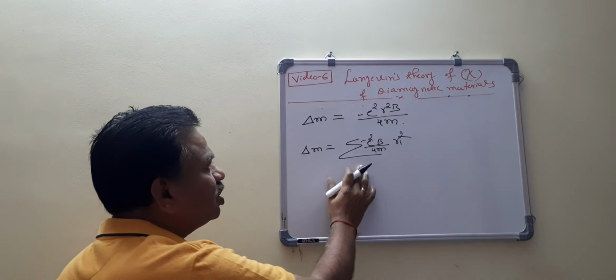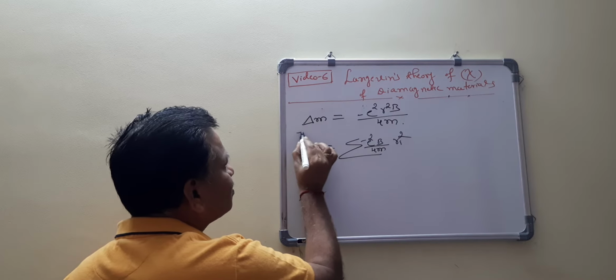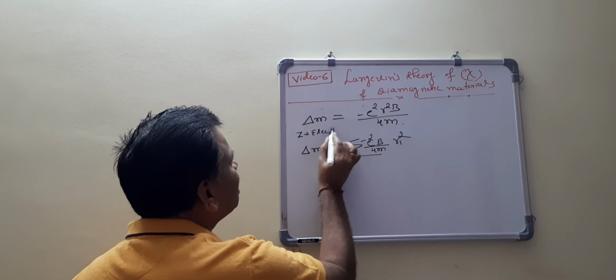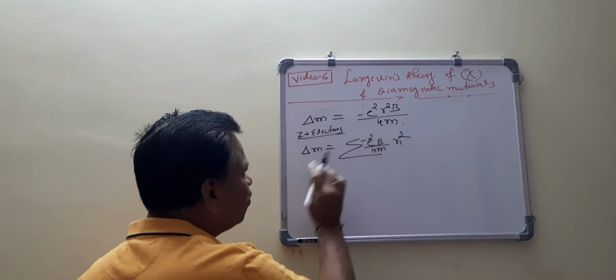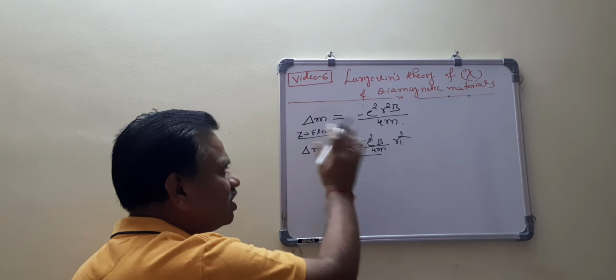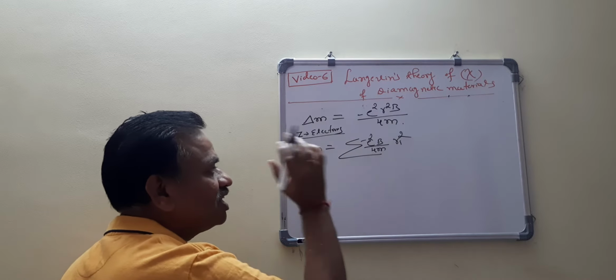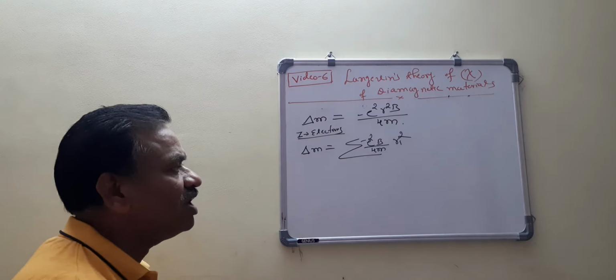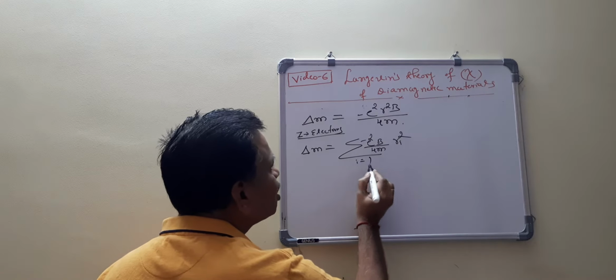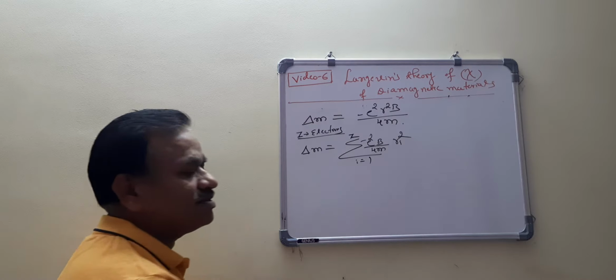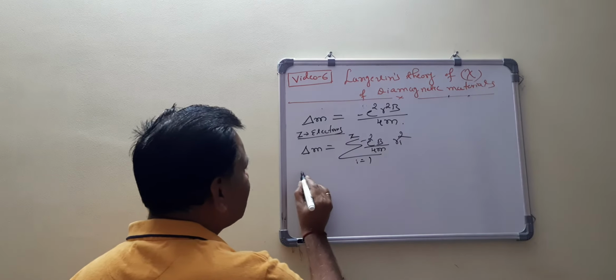Because Z number of electrons are there, so for the total magnetic moment I take the summation. Here the variable quantity is only i, where i equals 1 to Z.